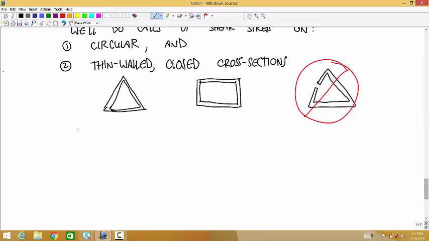Okay, so we have one mathematical preliminary we need, and that's called the polar moment of inertia.